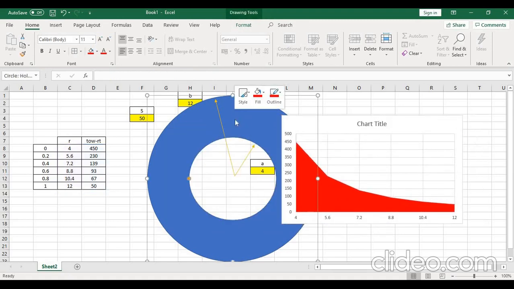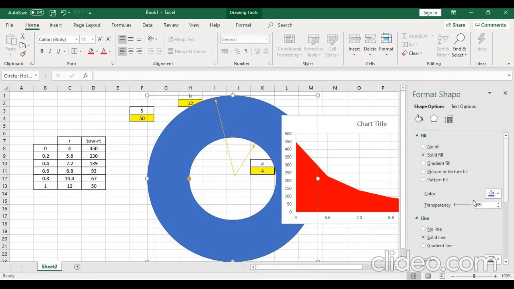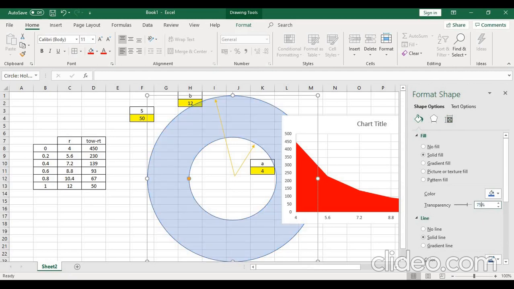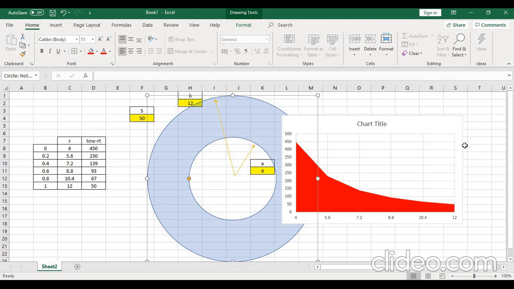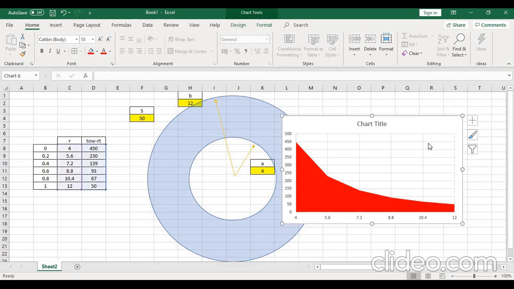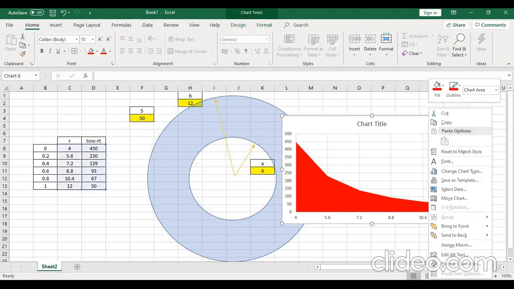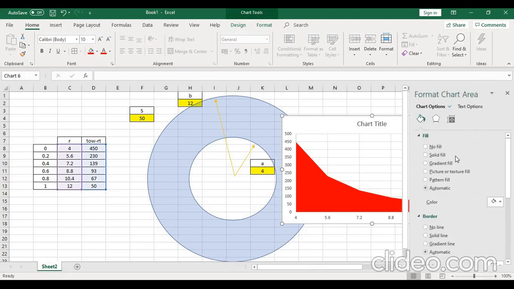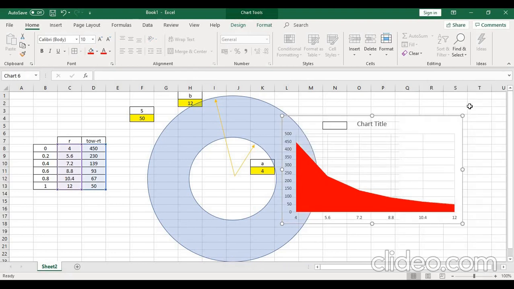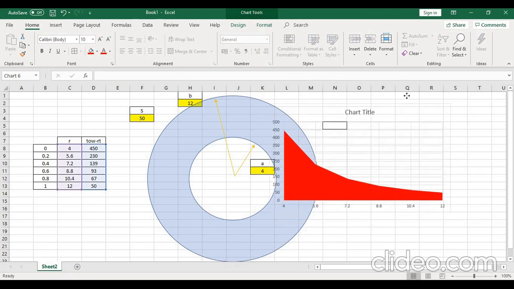Let me change the transparency of this format. Now let me remove the outline. So format chart area, no fill, so that you can view it transparently.